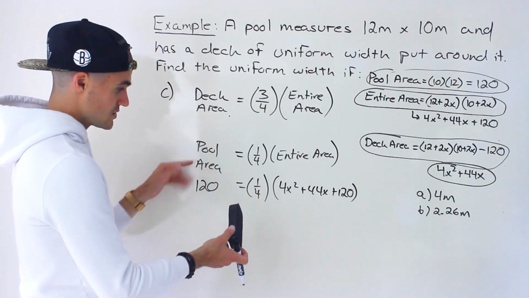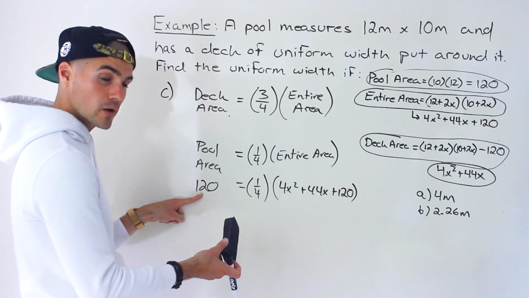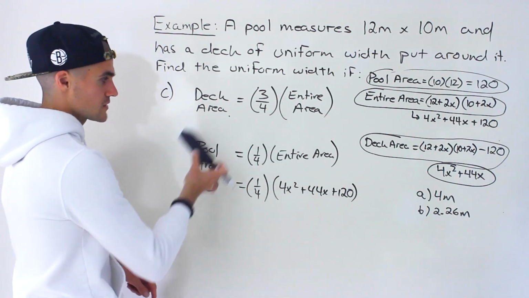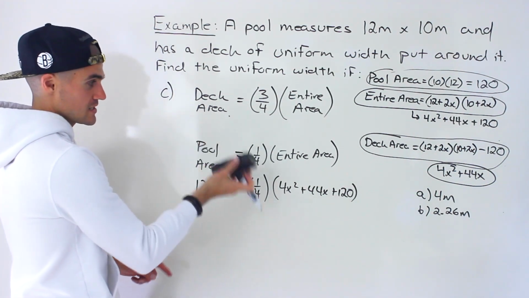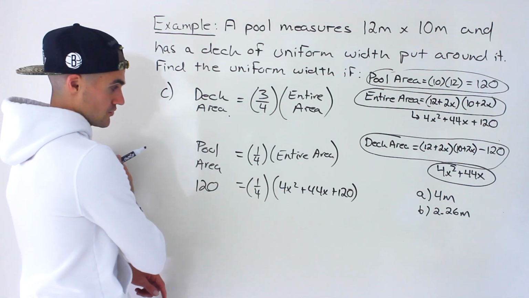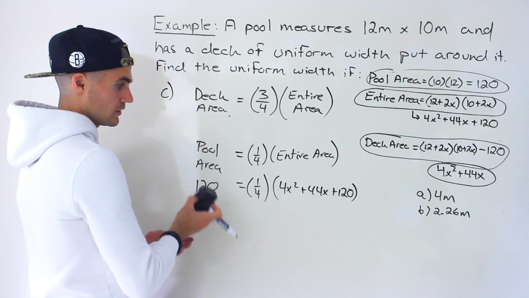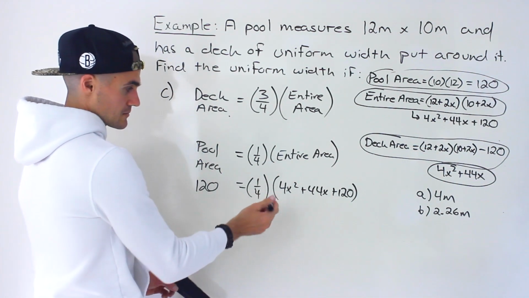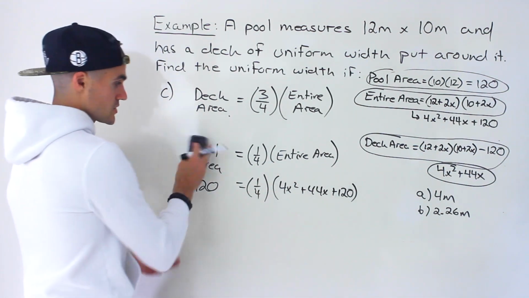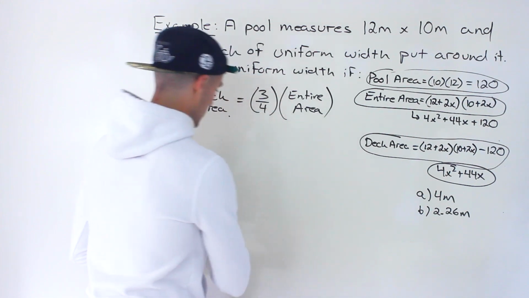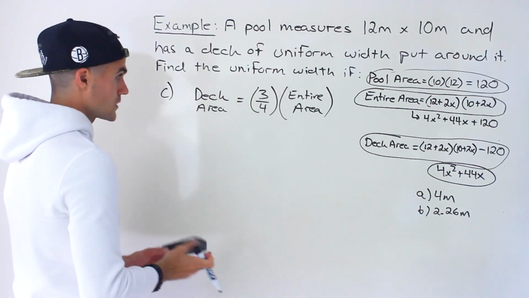This equation is easier to solve because we only have a 120 here, but it's less intuitive to come up with, versus that equation is easier to come up with, but the algebra is going to take a little bit longer. Not a lot longer, but a little bit longer, but you should get the same solutions if you do it this way. So just another perspective that I thought I would mention for this question.